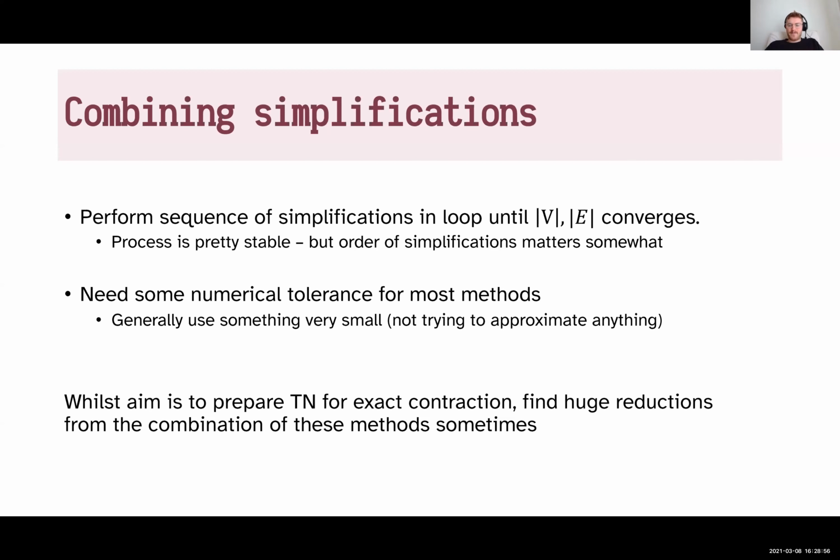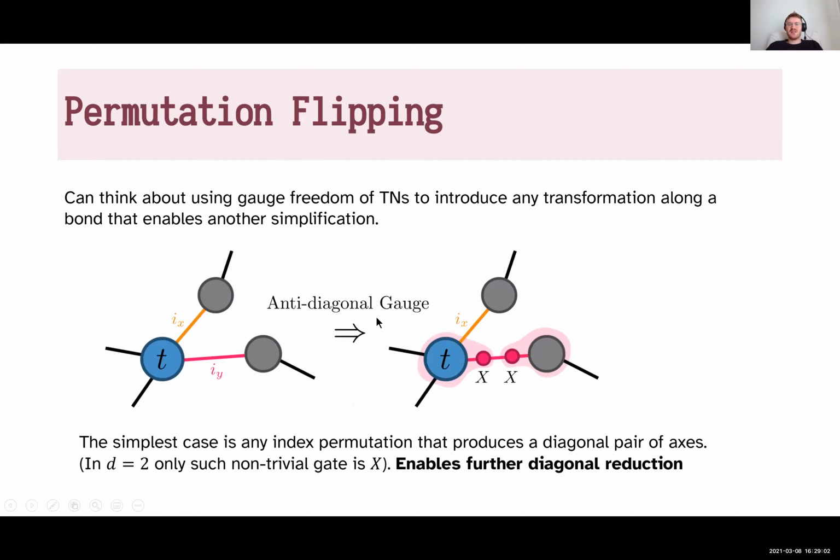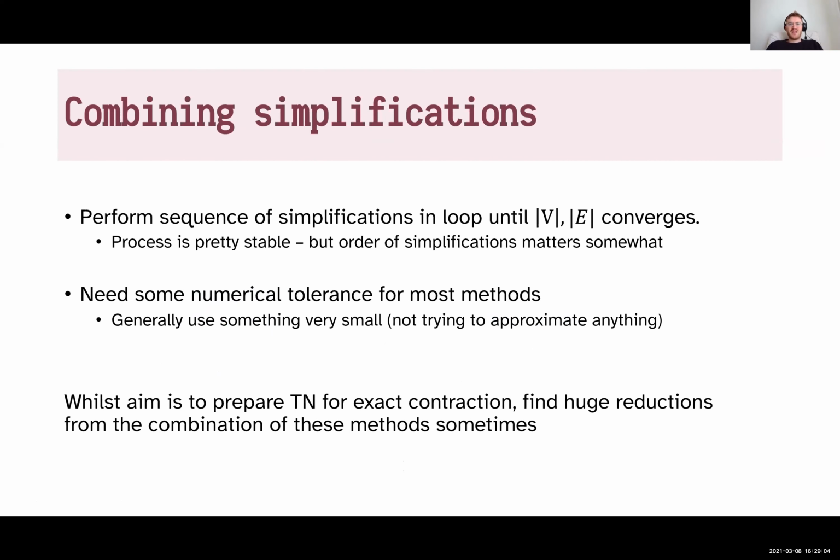Yeah, and it's worth noting that in most of these, you do some kind of comparison to zero. So you need to put in some kind of tolerance. For these things I'm talking about, these are all just generally an incredibly small number. We're not trying to approximate anything about the tensor network. It's really just exact simplifications.